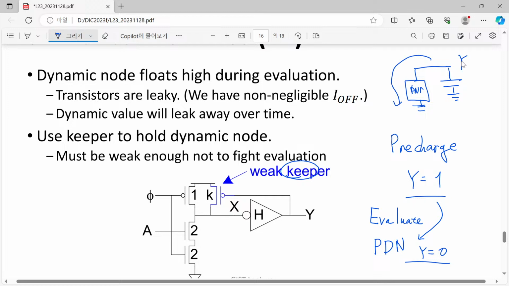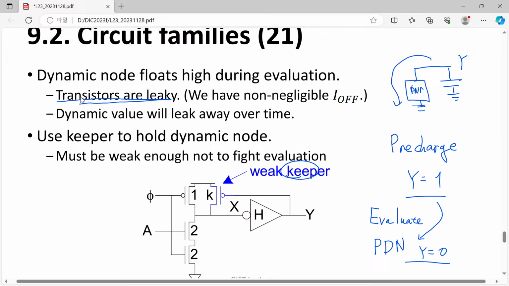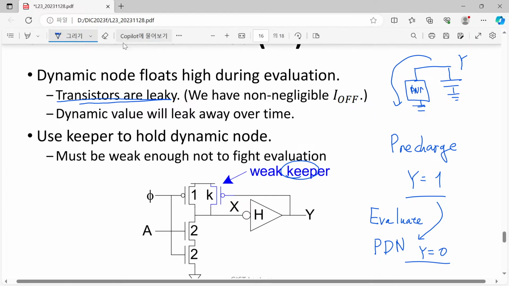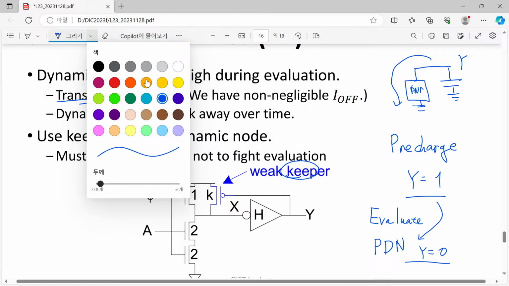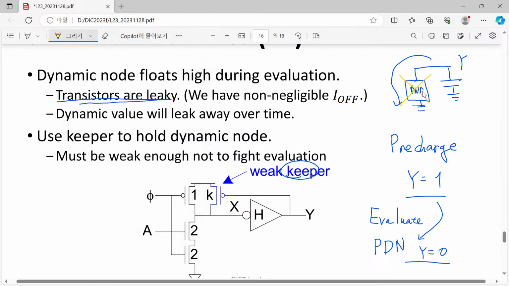This is the Y node. However, since transistors are leaky, even when the pull down network is seemingly completely turned off, if everything were really ideal, then even after a long time the value of your Y node should still be 1.